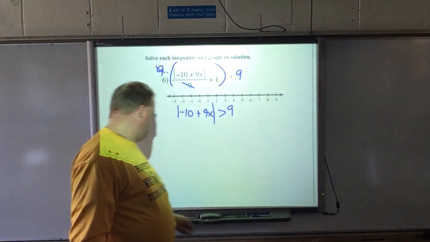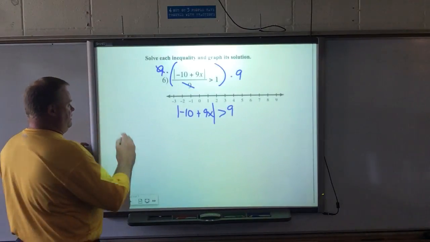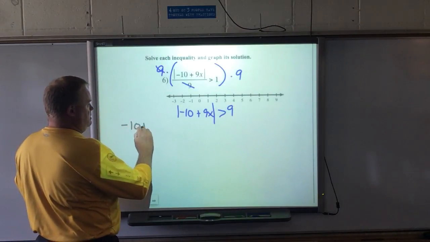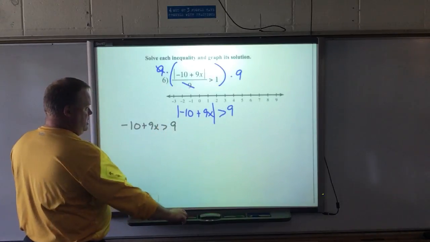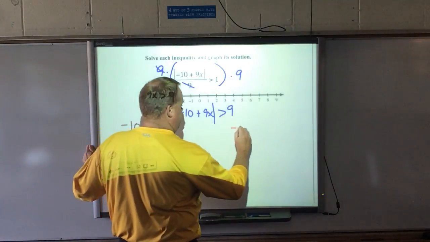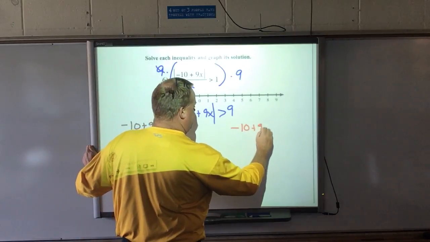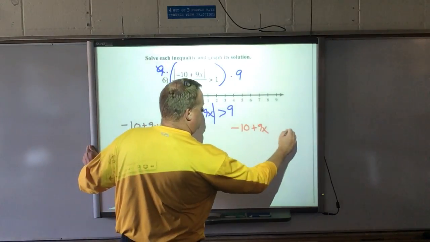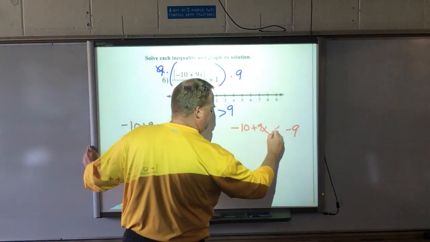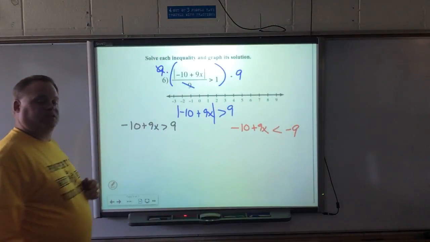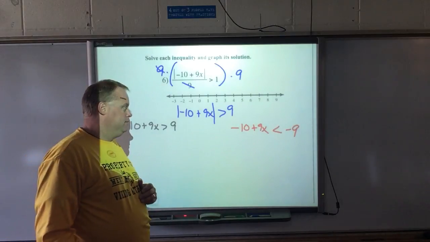From here, I know that I have a negative 10 plus 9x greater than 9. And I also have negative 10 plus 9x less than negative 9. Since it's greater, I got to flip it. Becomes less than negative 9. Okay?